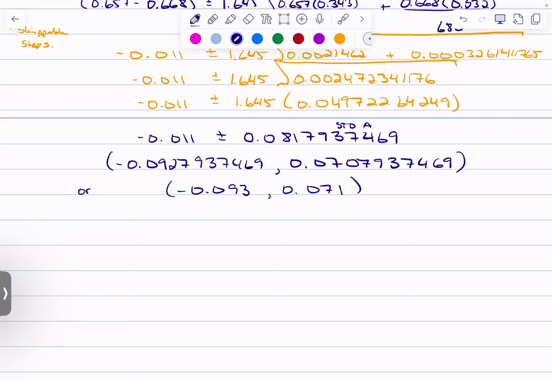Remembering that this is the difference in the proportions, right? So now I'm 90% confident that the difference in proportions is somewhere between negative 0.093 and positive 0.071, which also tells me that 0 is an option, right?